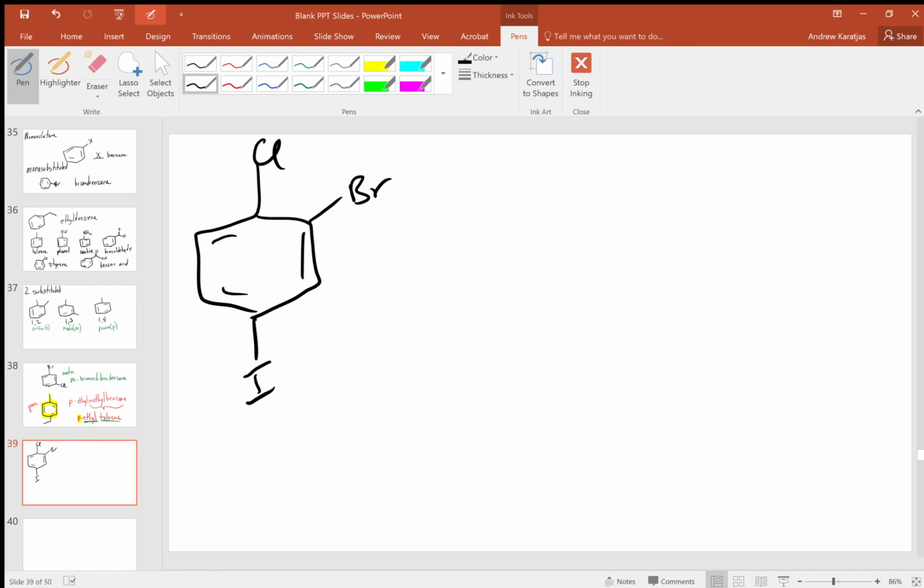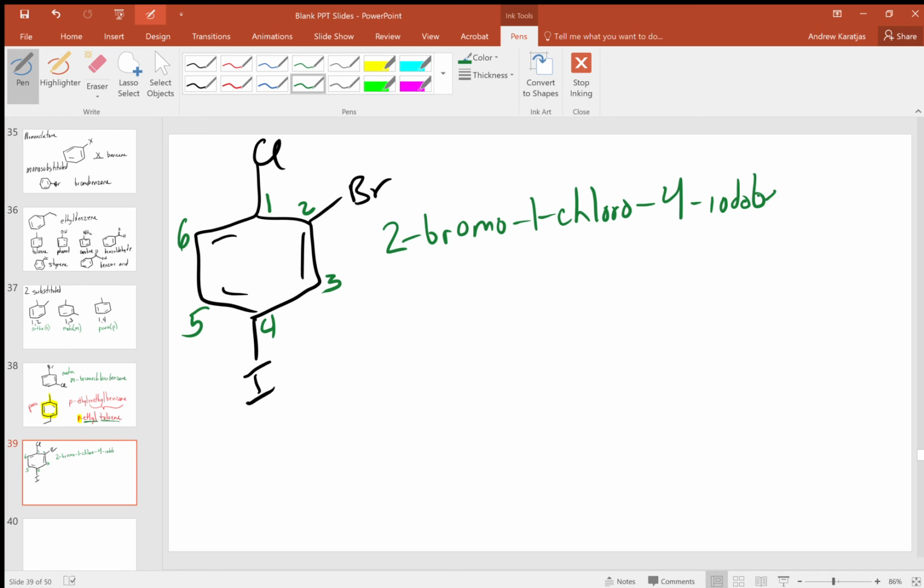So this one, for example. In fact, we did a very similar one like this where they were all methyl groups on a cyclohexane. So we already know that we're going to start numbering here and go clockwise. And so then from there, we just list our substituents in alphabetical order. 2-bromo, 1-chloro, 4-iodo-benzene.